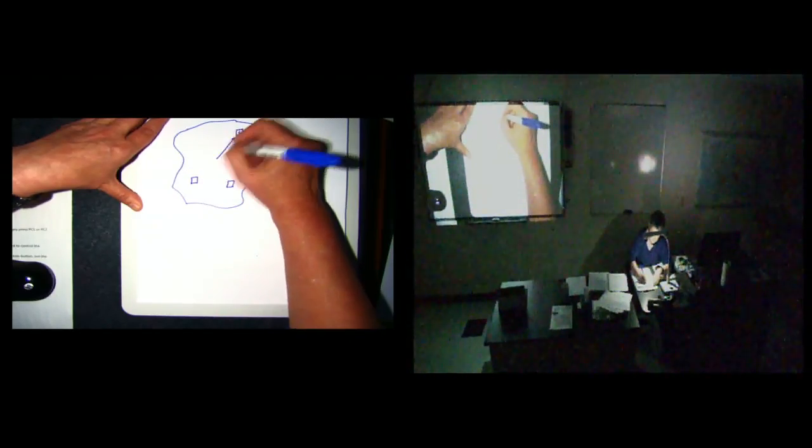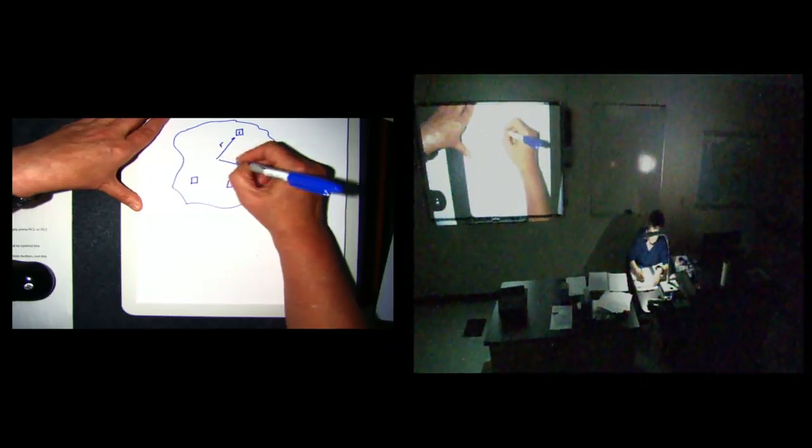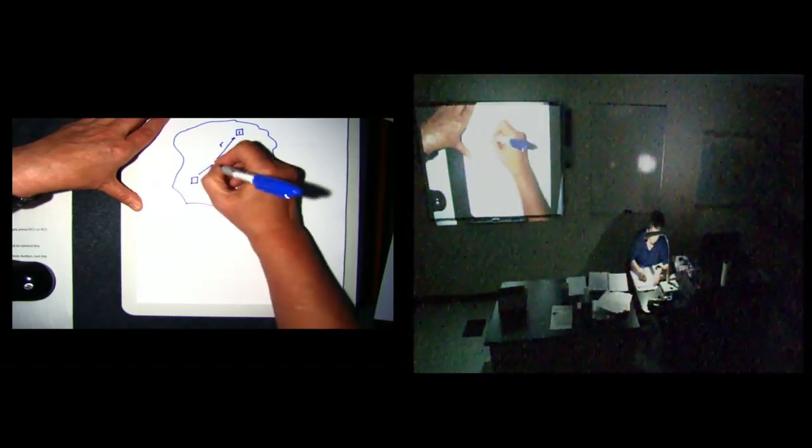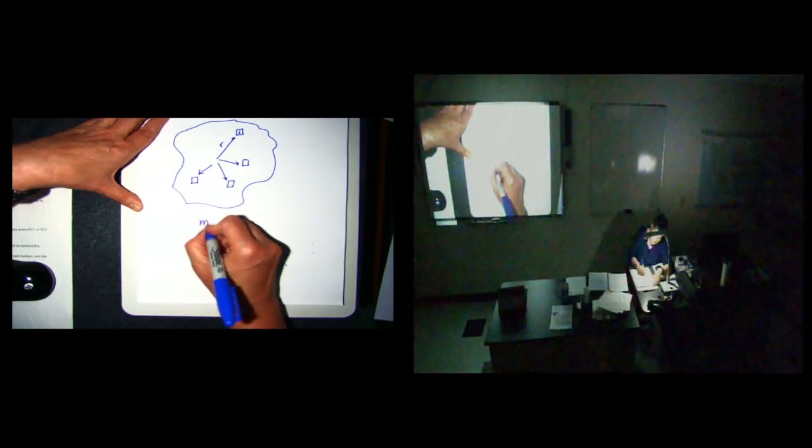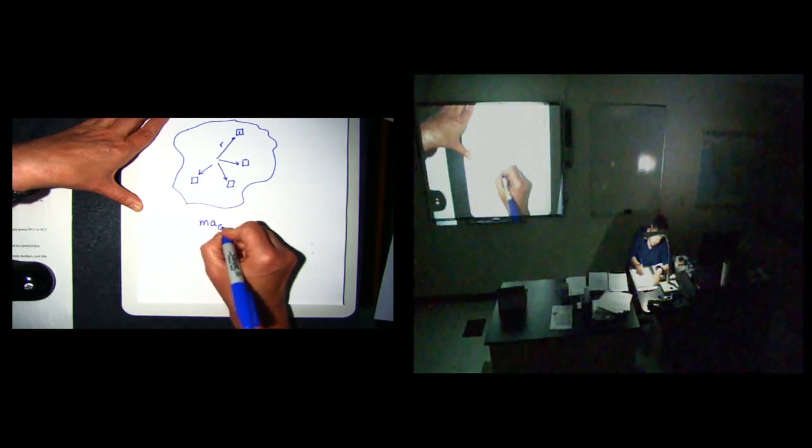And it's a long way to get to the fact that I now look at my sum of my forces as equal to the mass times the acceleration of the center of gravity.